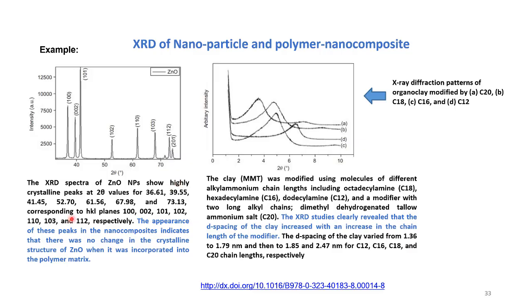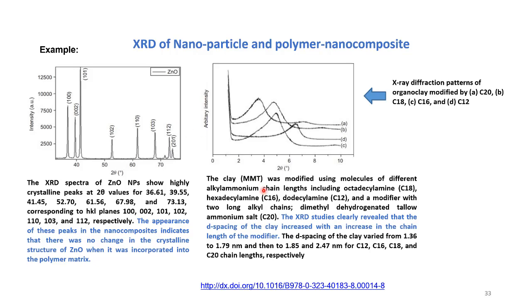And the appearance of these peaks in the nanocomposite indicates that there was no change in the crystalline structure of ZnO when it was incorporated into the polymer matrix. So here, this was incorporated in the polymer, and still those peaks were coming. So this is the case of a ZnO nanoparticle incorporated in a polymer.